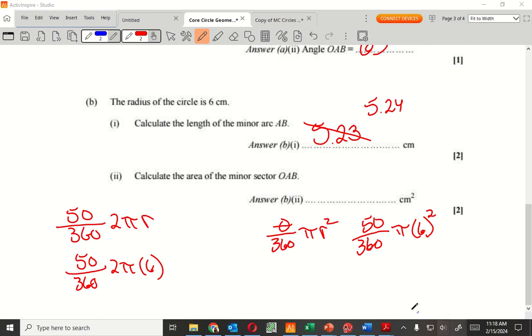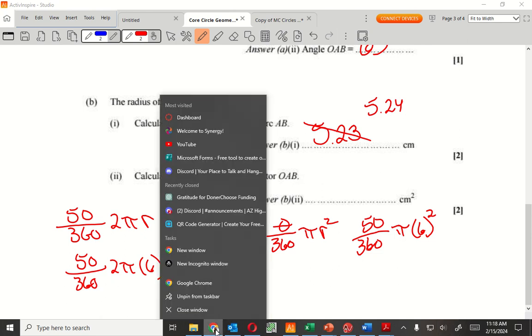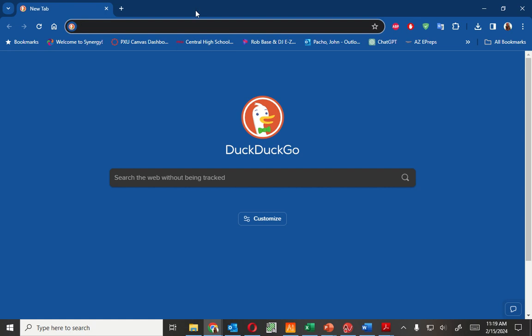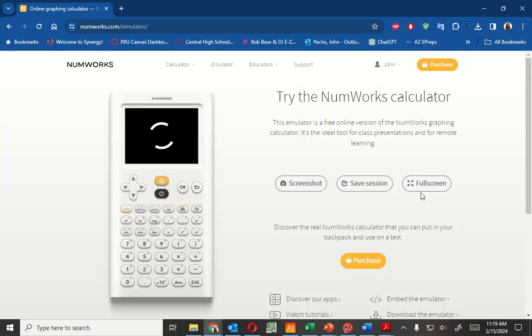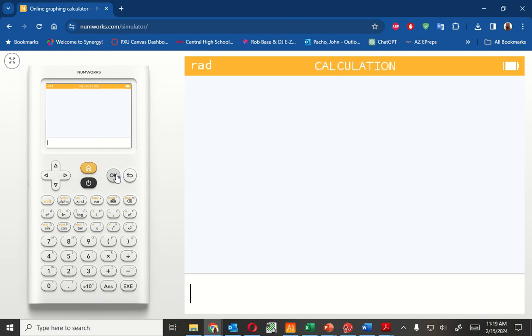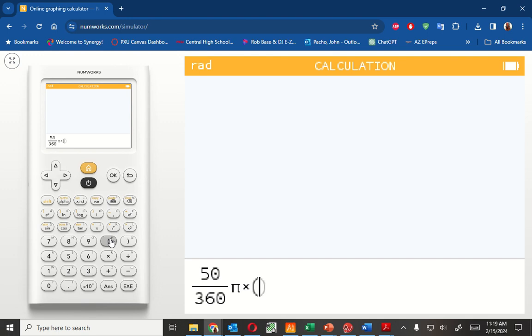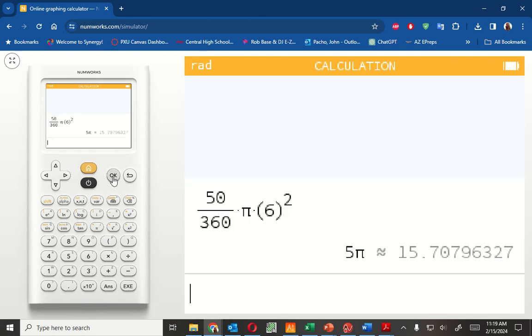You're looking for the square on the calculator. 50 over 360 pi times 6 squared is 15.7.